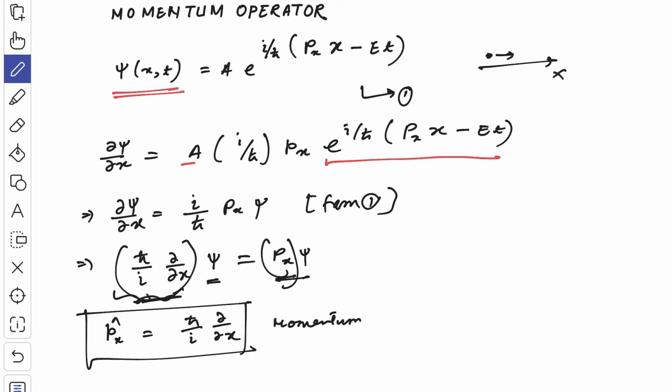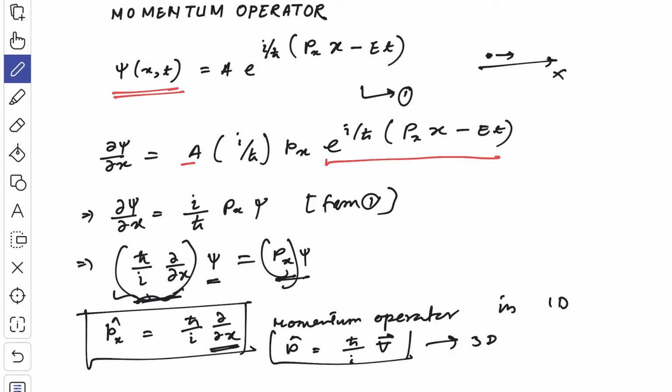in 1 dimension. And in 3D, instead of del by del x, we will write the del operator, then we will write only p cap, that's going to be equal to h cut by i times the del operator, and this is the momentum operator in 3D.